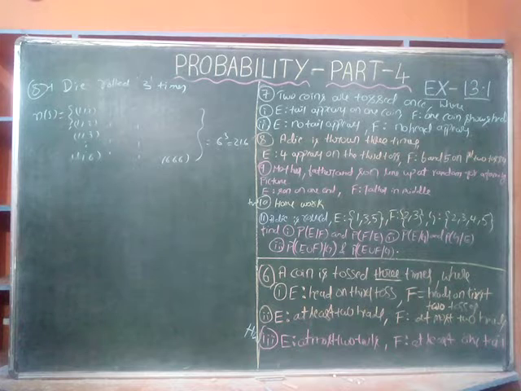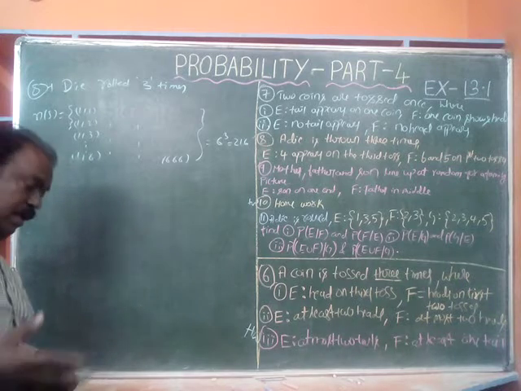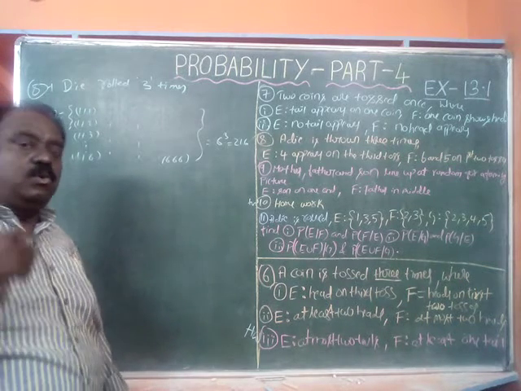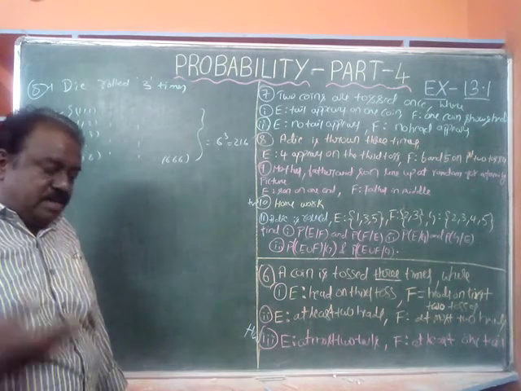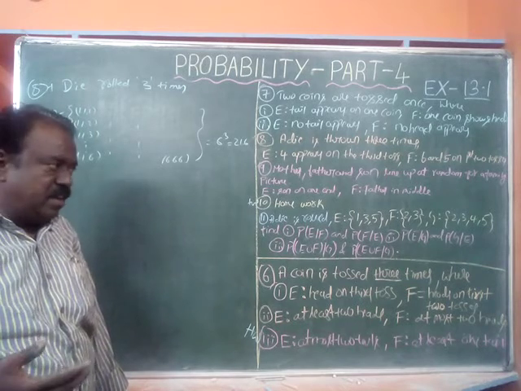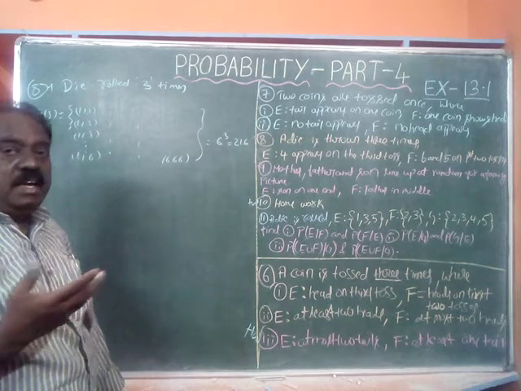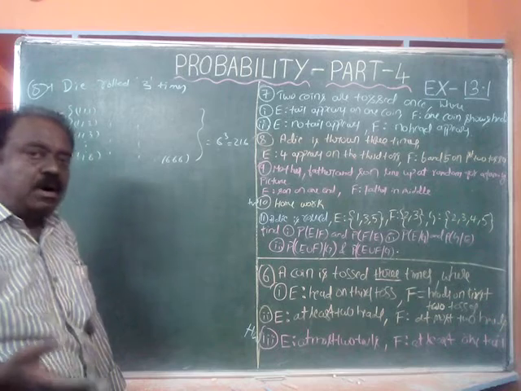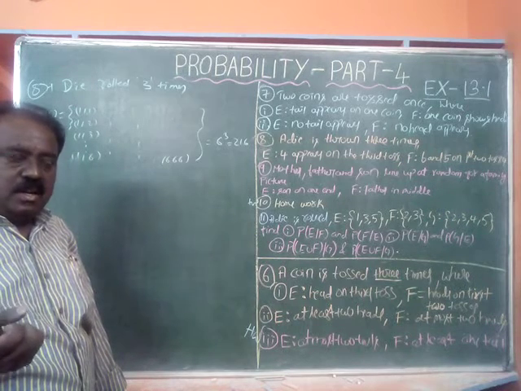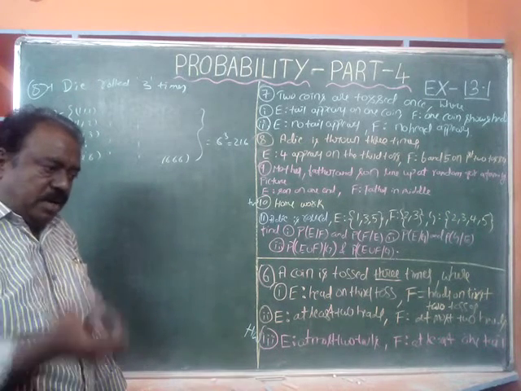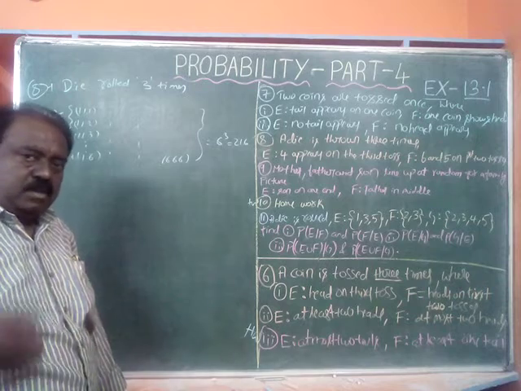Okay, now, there are lots of events, 216 events. 3 dice are thrown, or rather, not 3 dice, but you may take 3 dice in order to understand it well. For easy understanding, we may take 3 dice thrown 1 time, or a die is taken and rolled 3 times: first time, second time, third time.